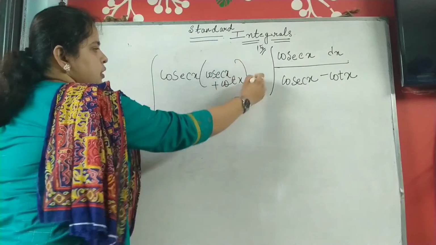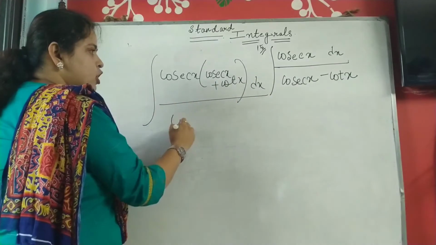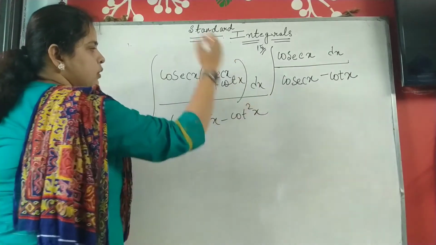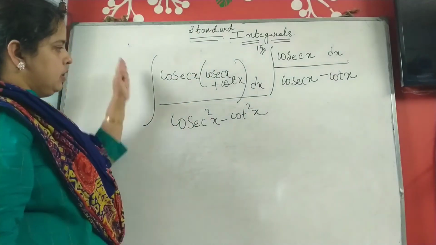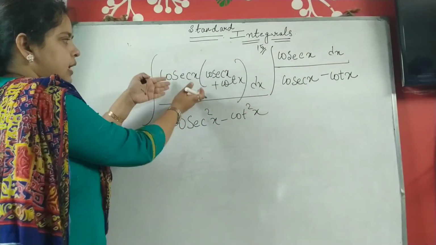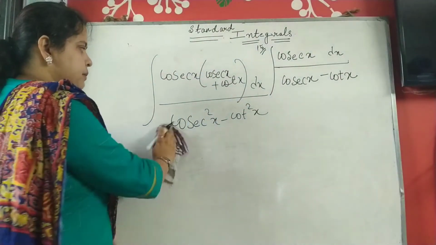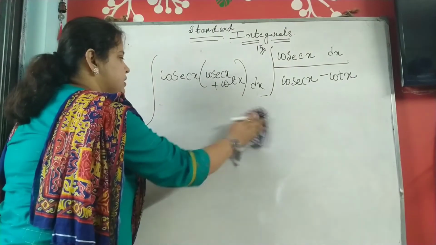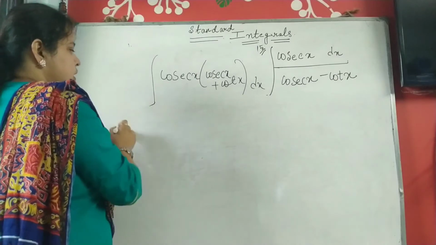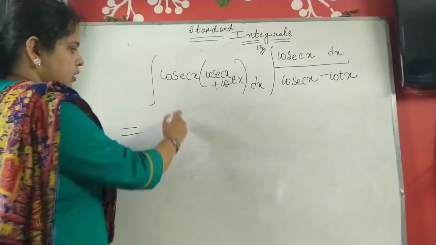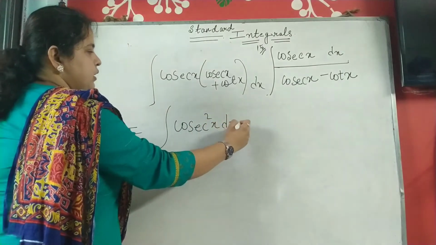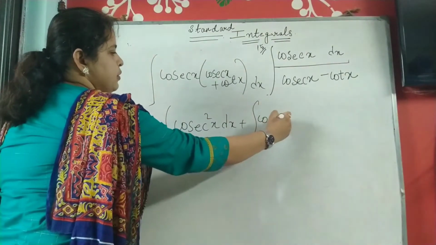See children, the denominator becomes 1 after this particular multiplication. I hope the target is fulfilled now. The denominator becomes 1. I am only left with the numerator now. So this becomes 1. I am not bothered about it anymore. Equals to. Separately getting the value of this particular integrand.